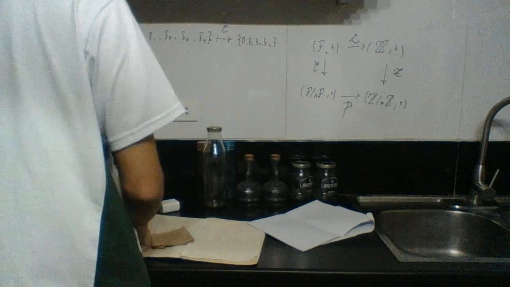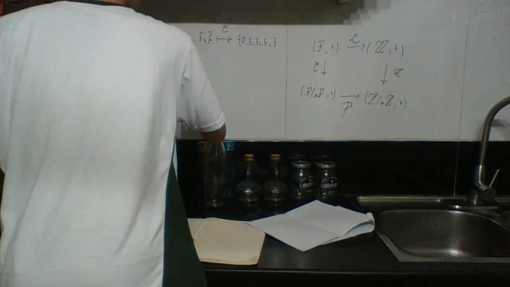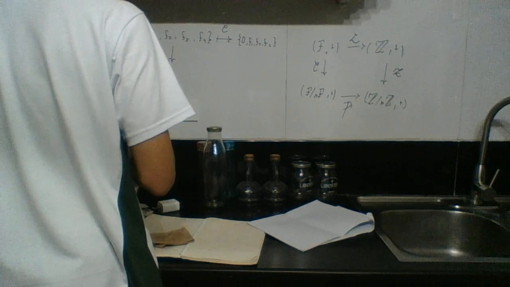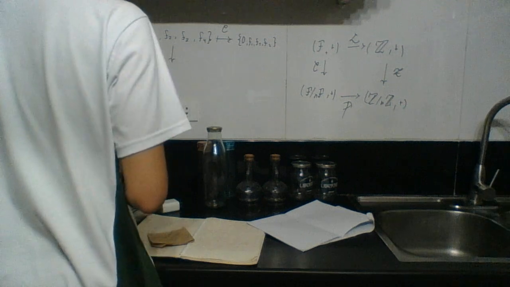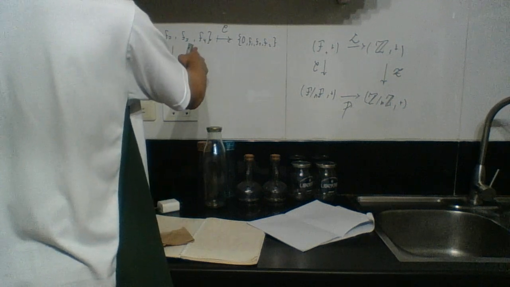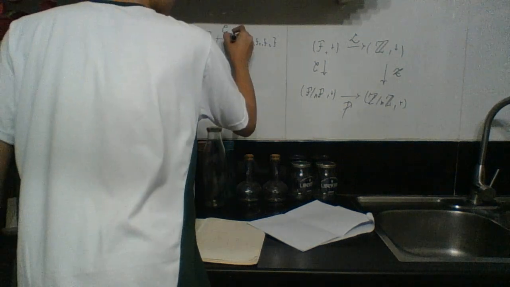So that's our C. How about our assignment of each of these guys? Of course, our L here. This is just the underlying set. So this is L star, and this is C star.